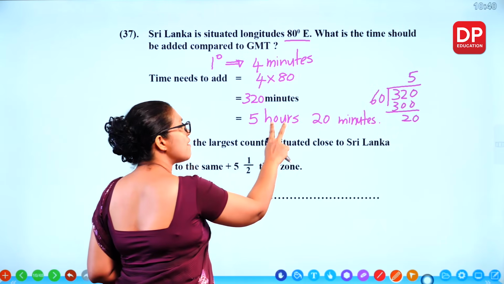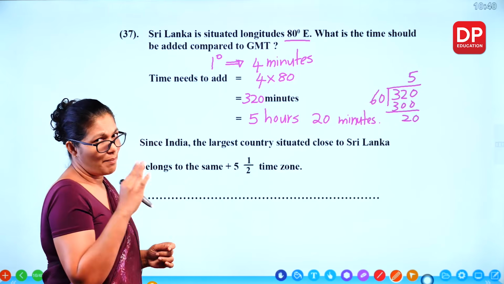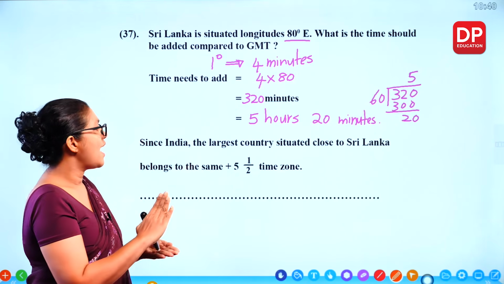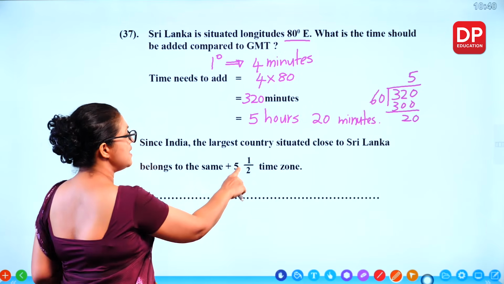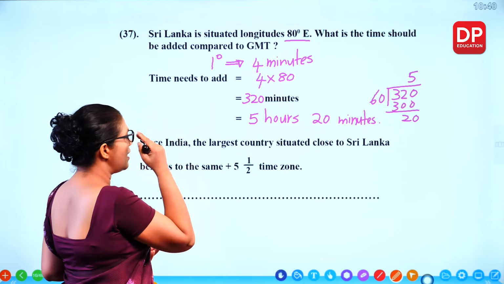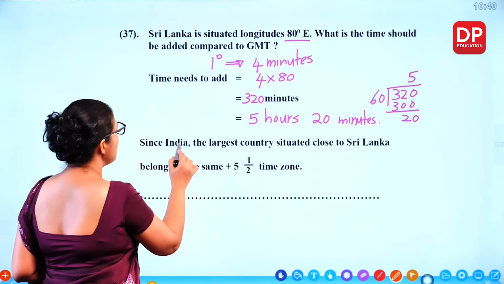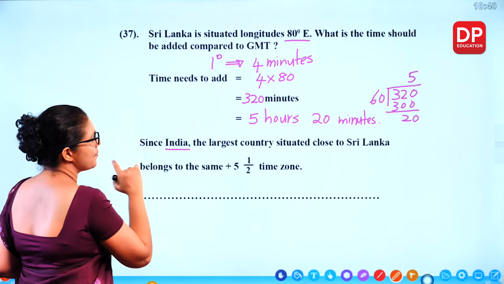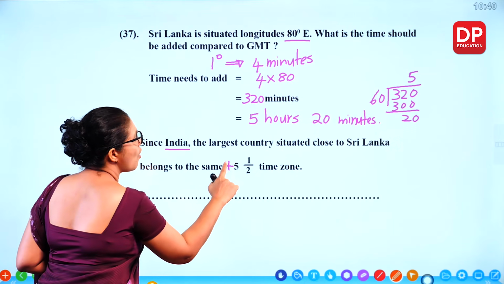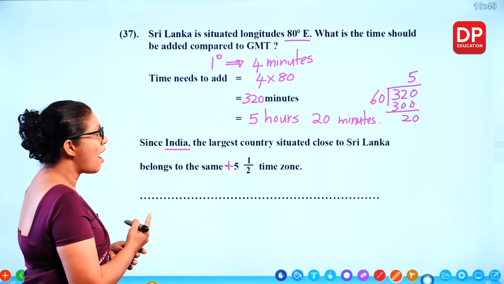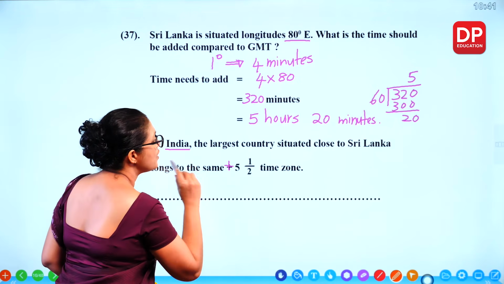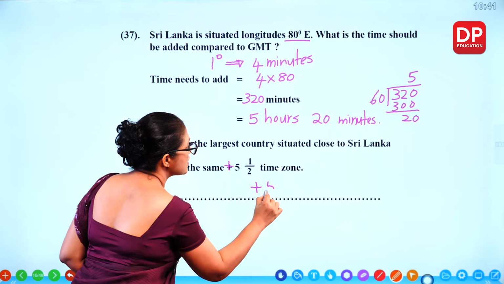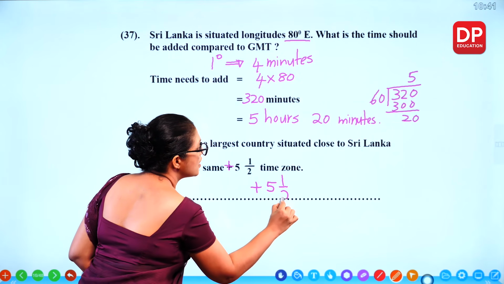So here this is 5 hours 20 minutes, but we take it as 5 hours and 30 minutes. Half means 30 minutes. So we take this time same as India. So our value is always plus 5.5 time zone. Remember that when you take Sri Lanka, we take plus 5.5 time zone.